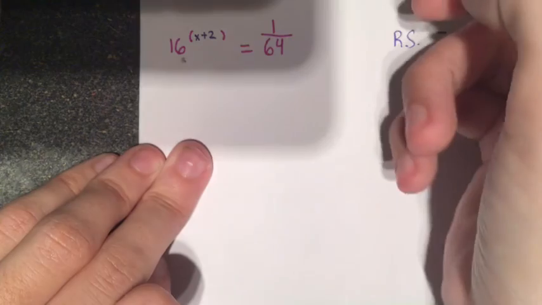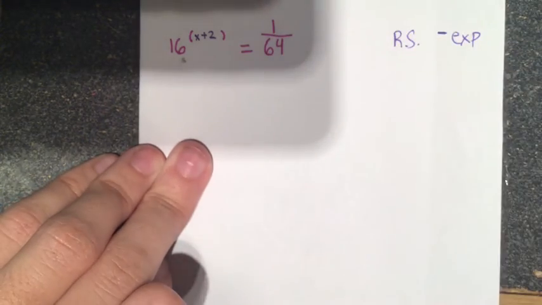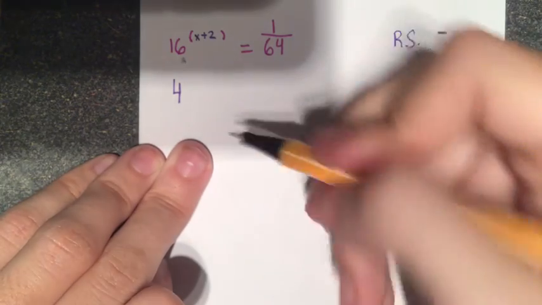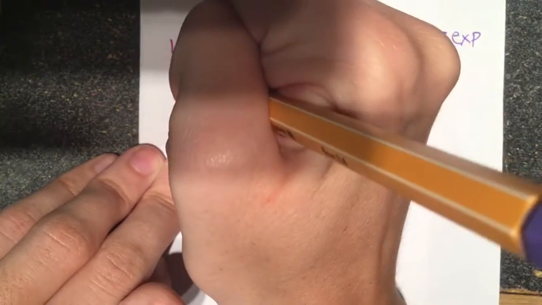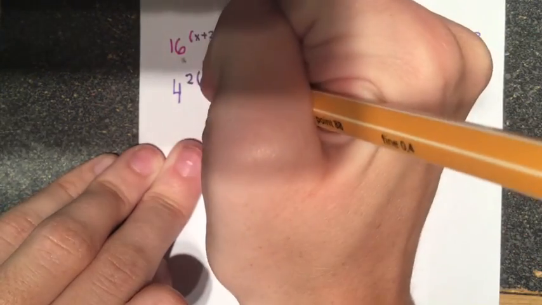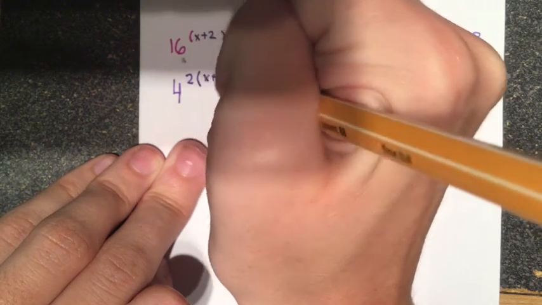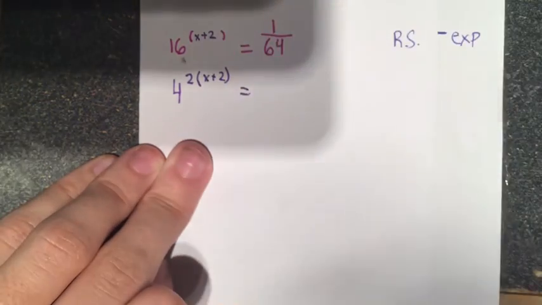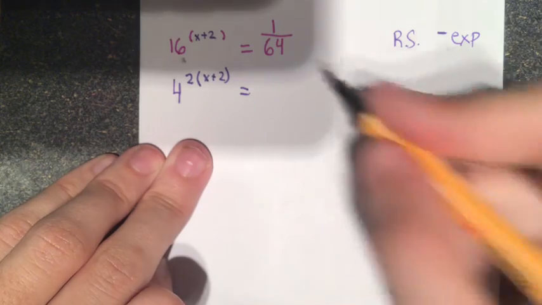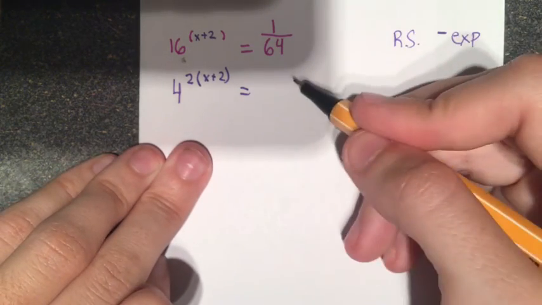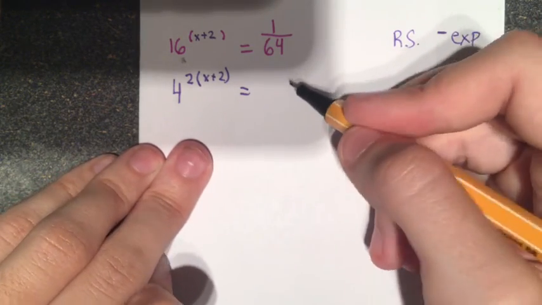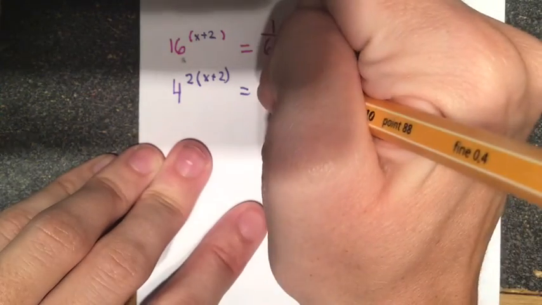Oh, okay, so I'm going to convert these both to a base of 4. So if I convert this guy to a 4, it's going to be equal to 4 to the second power. And then I have my parentheses of x plus 2. Okay, and we're going to say that it's equal to, okay, so what did we say? That 4 to the third power gets me this 64.